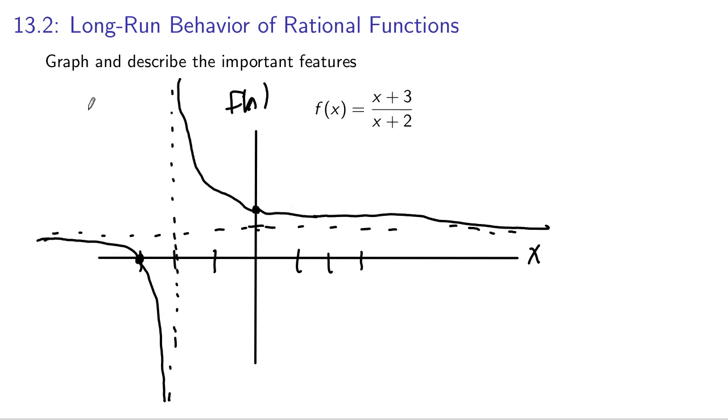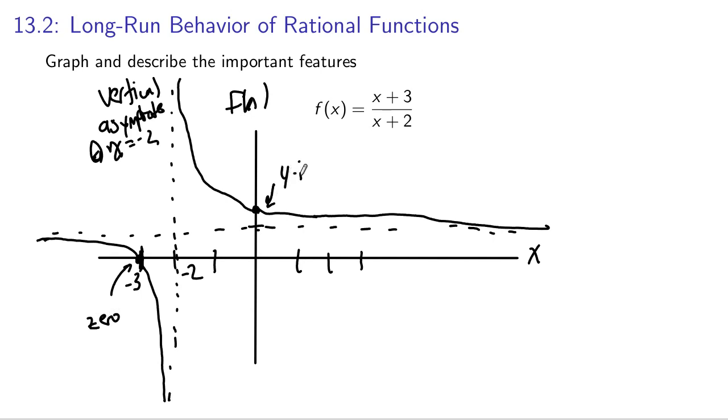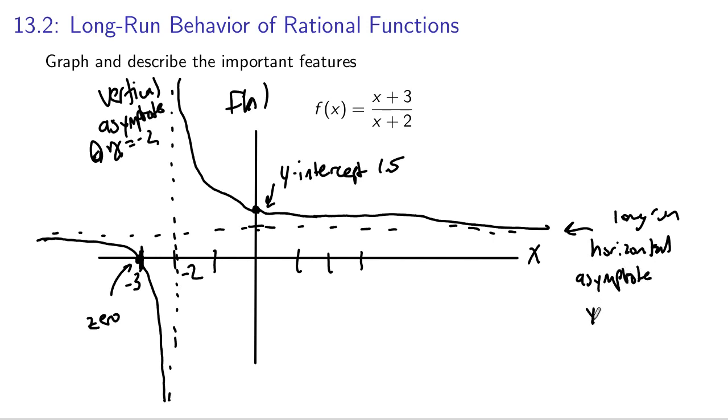So our important features are the vertical asymptote here at x is -2, a 0 at -3, a y-intercept at 1.5, and a long run behavior, which is a horizontal asymptote at y equals 1.